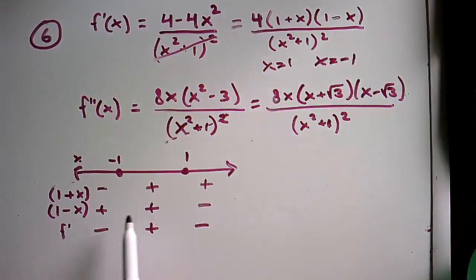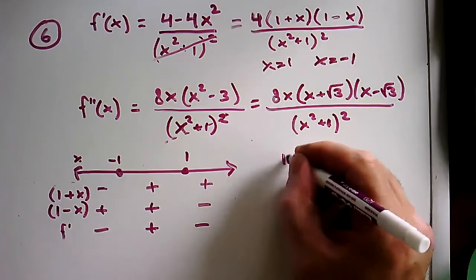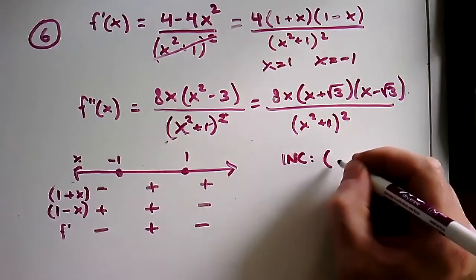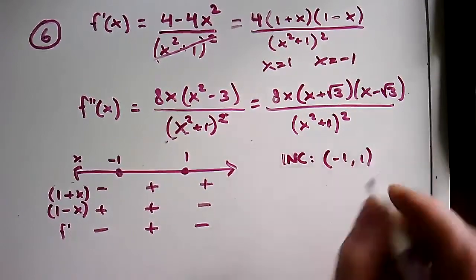And so that establishes 3 intervals: 2 intervals for decreasing behavior, so x less than -1 and x greater than 1, and then 1 interval for increasing behavior that occurs in between x equals -1 and x equals 1. So we now know that we have increasing behavior on the interval -1 to 1.